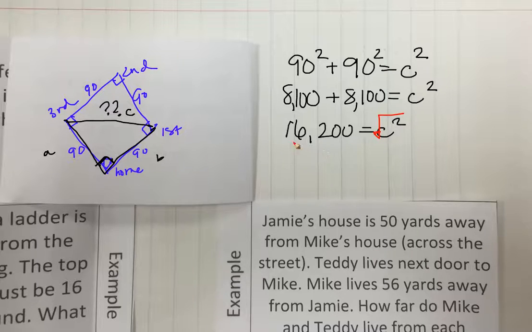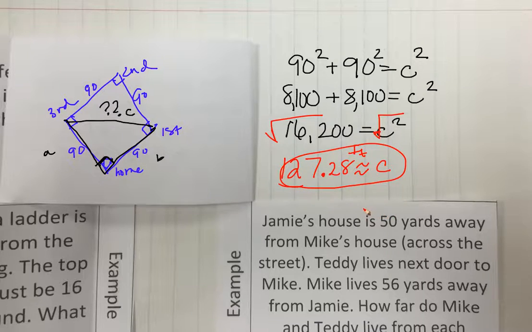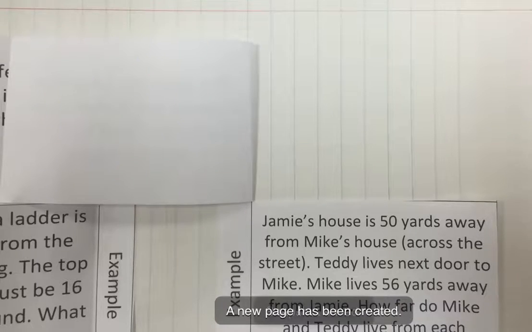If we square root each side, I end up with about 127 and 28/100 feet. So it's just about 127 feet. Okay, let's take a look at our last problem.